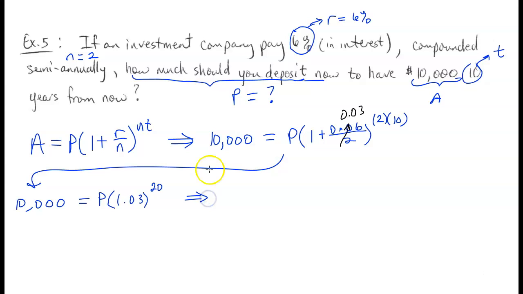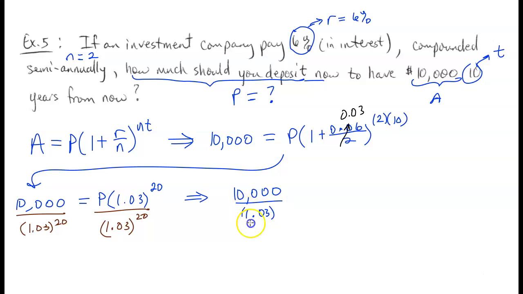And so now to solve for P, all we need to do is just divide both sides by 1.03 raised to the 20. Okay. Now, here if I write that, that just means that here we have 10,000 divided by 1.03, all that raised to the 20, is going to equal P.